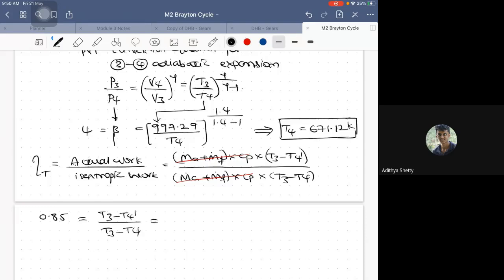So that is equal to T3 value 997.29 minus T4 dash, which you have to find out, divided by 997.29 minus T4, which is 671.12. So this is 0.85. From this, what is the value of T4 dash?